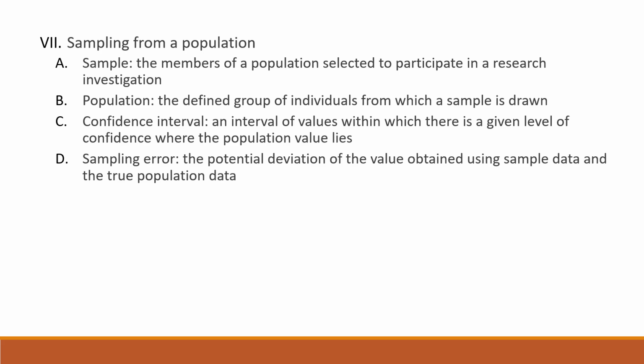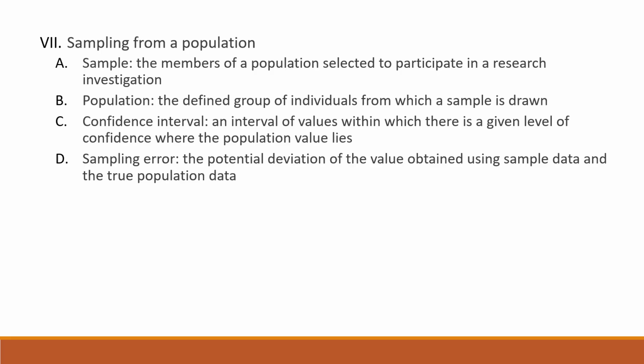When using a sample to infer about a population, we often give what's called a confidence interval, which is an interval of values within which there is a given level of confidence where the population value lies. So we might say that we are 95% confident that the population is plus or minus 3 points from the sample mean.